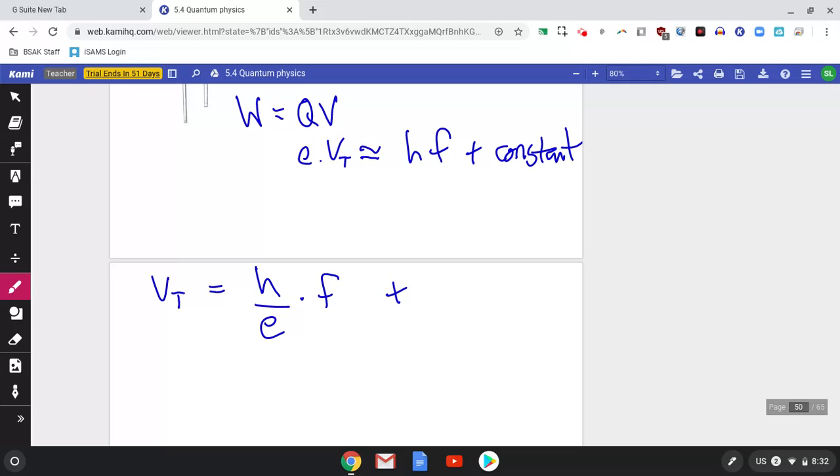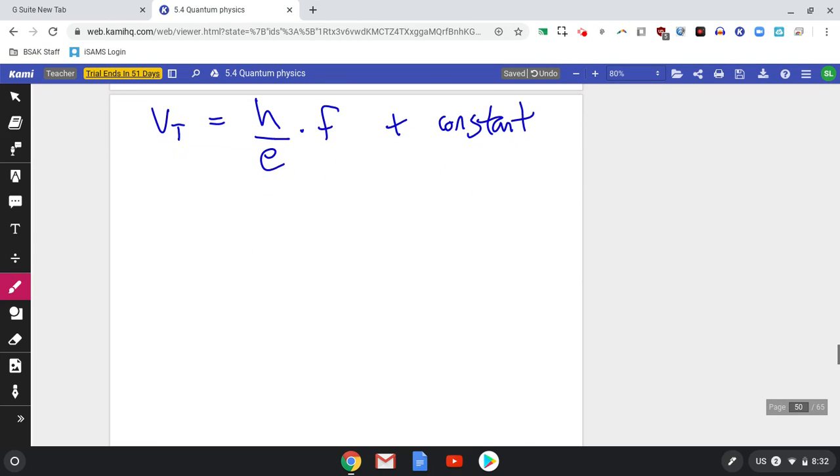Now, what I want you to do in this practical is, like I said, I've got a range of 5 different LEDs. So we're going to be changing the frequency of light given out from the LED, and we're going to be measuring the threshold voltage for each of the 5 colors.